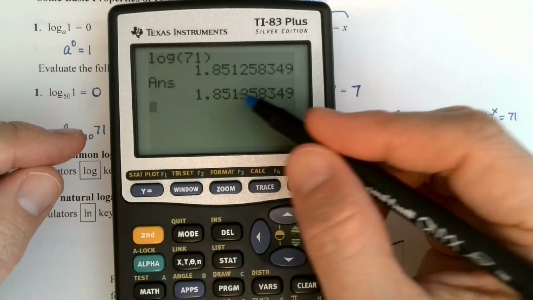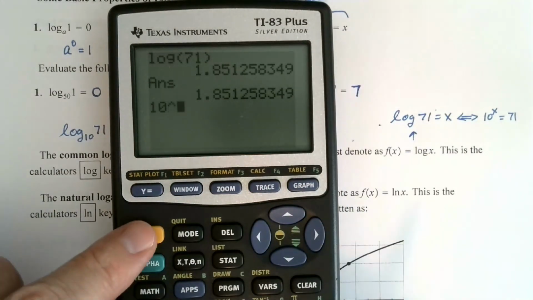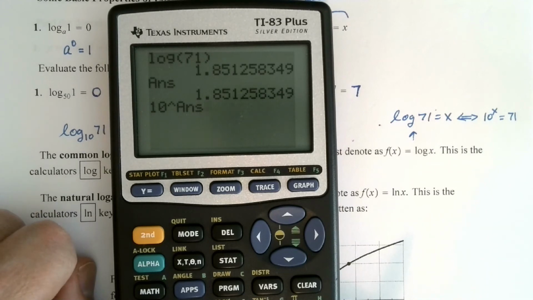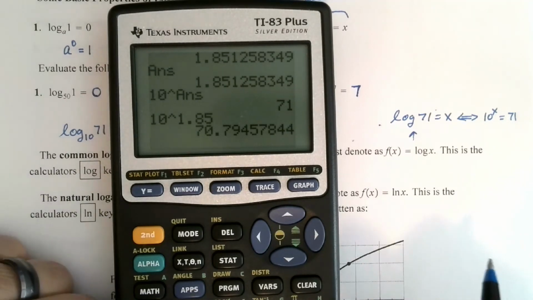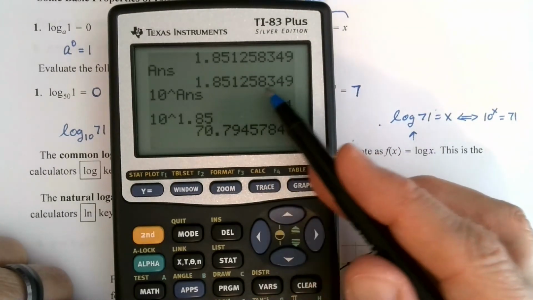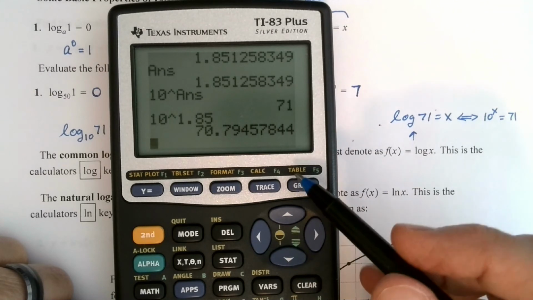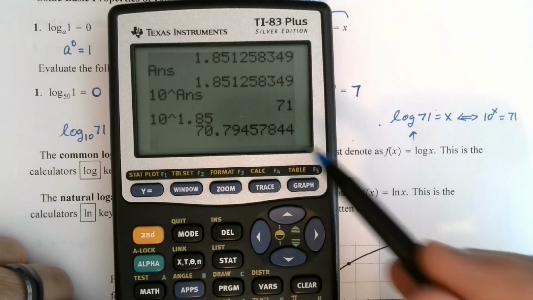After you hit enter, that value is stored into answer. So if I now take 10 and raise it to the answer power, what should I get? 71. I get back to what I started with. Now be careful if you round that off. If I said, oh, that's about 1.85, well, you're going to get a rounded off value. You're not going to get exactly 71. So if you round it off too much, obviously you'll be off a little bit.